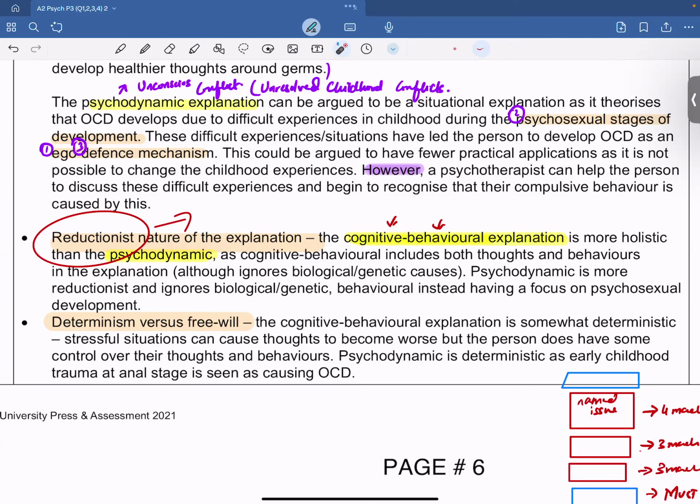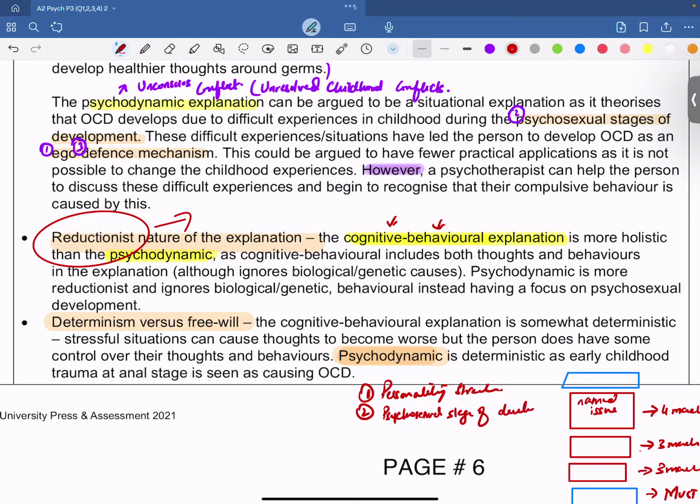However, psychodynamic explanation is considered to be more deterministic, because remember, when I say according to Freud, every individual has different personality structures. Remember when he says, he as in Freud says, every individual goes through the 5 different psychosexual stages of development.